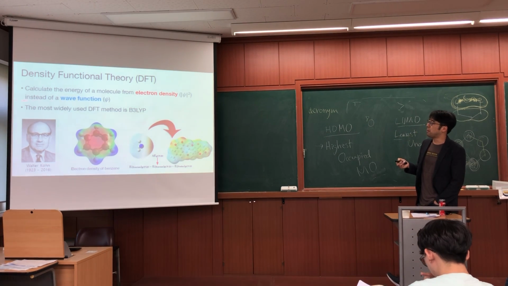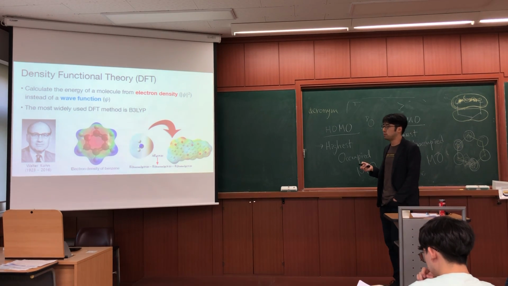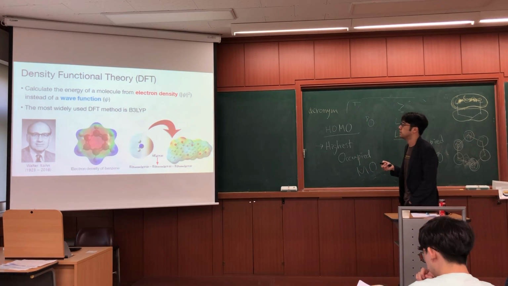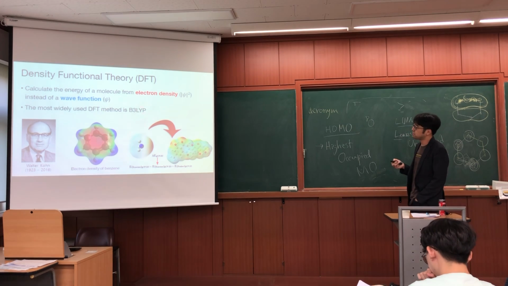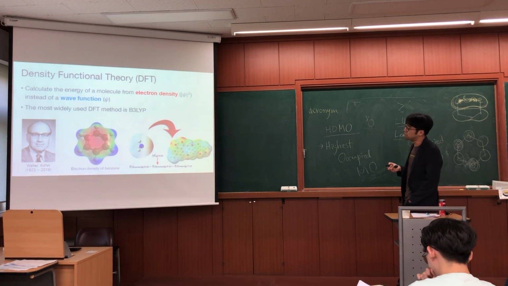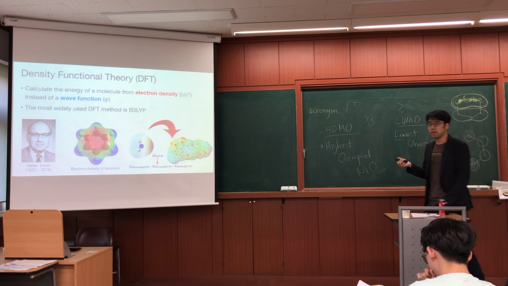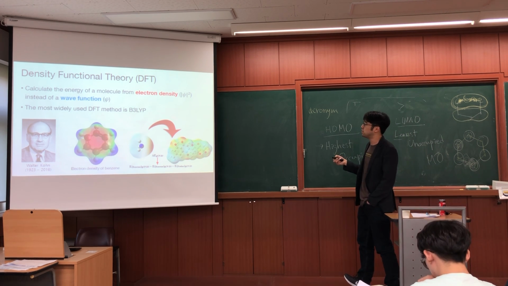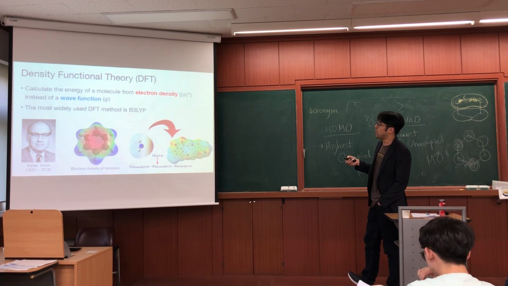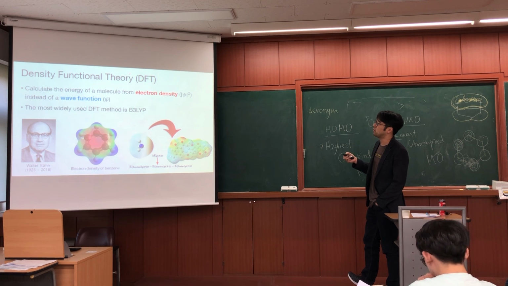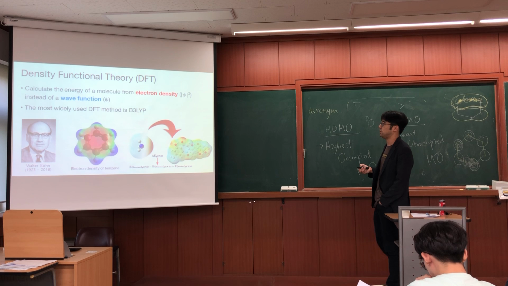But one thing you should remember is that the most widely used DFT method is called B3LYP. That is very similar to the 6-31G basis. Some of you may go to grad school, and some of you will read papers, and these days people are widely using this DFT method, so you will see this one quite frequently.